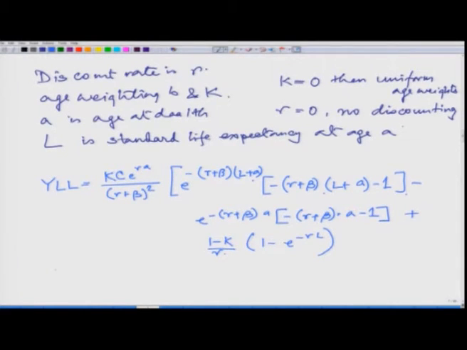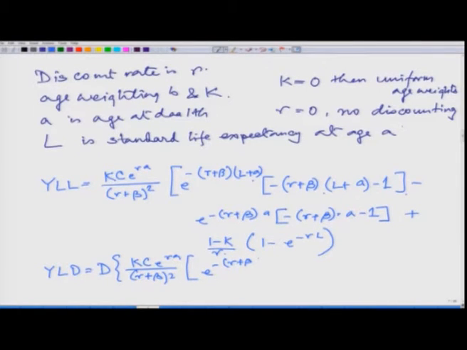Whereas this YLD is the disability, and then the rest are the same.